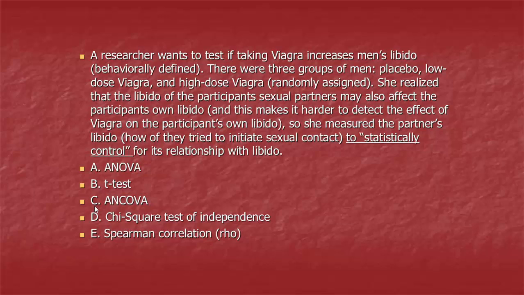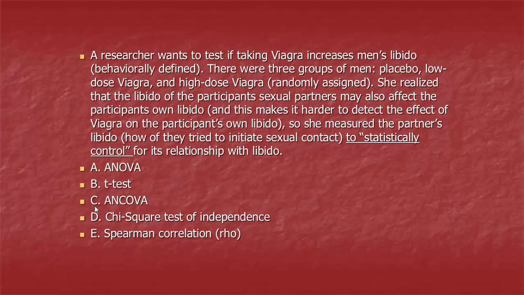Is it A, an ANOVA, an analysis of variance? Well, the situation does kind of seem like an ANOVA kind of situation. We have 3 groups, 3 conditions. We have just one independent variable with 3 conditions to it. That does seem like an ANOVA situation, trying to see if it affects the men's libido. But we also want to statistically control for something else, a covariate. So really the answer here is going to be C, ANCOVA, an analysis of covariance.